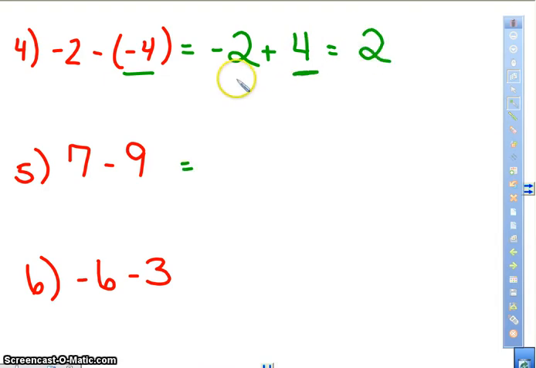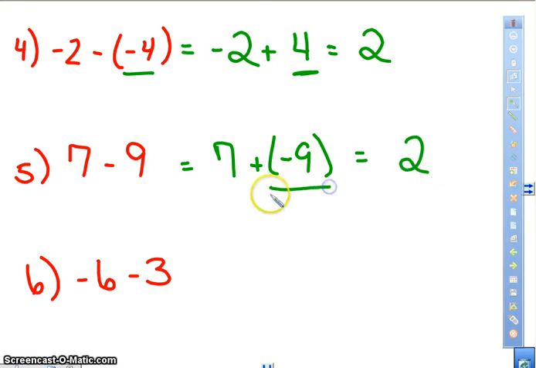Then 4 minus 9, I have 7 plus -9. I'm adding the opposite once again. Opposite signs, so I'm going to subtract. 9 minus 7 is 2. And the 9 is furthest from 0 here, so it's going to be a -2.